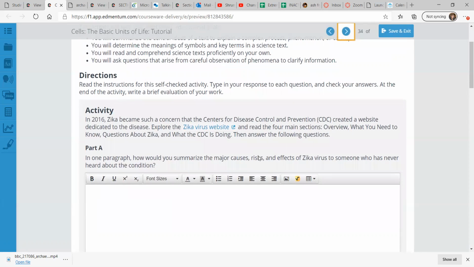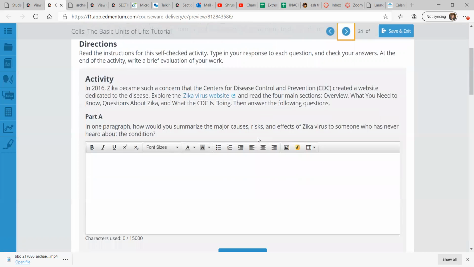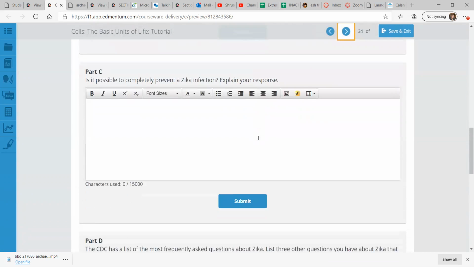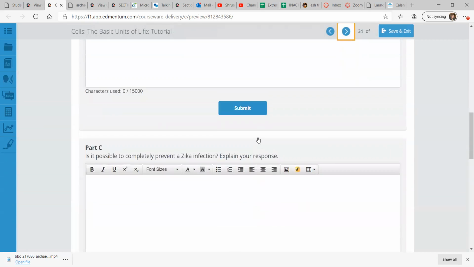But this is an activity, and they created a Zika virus website, and it tells you to read the four main sections: overview, what you need to know, questions about Zika and what the CDC is doing, and then answer the questions in part A, part B, part C, and part D.